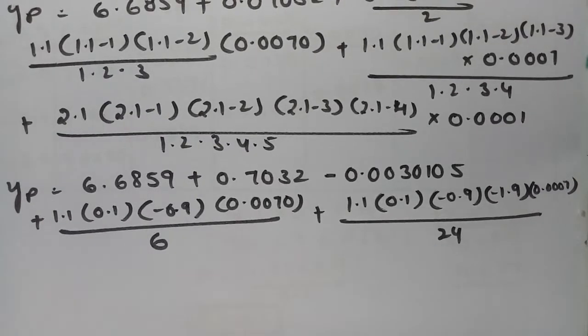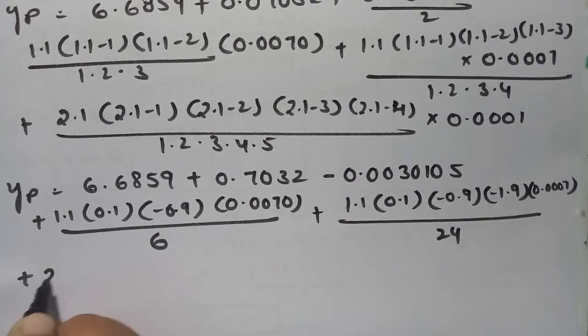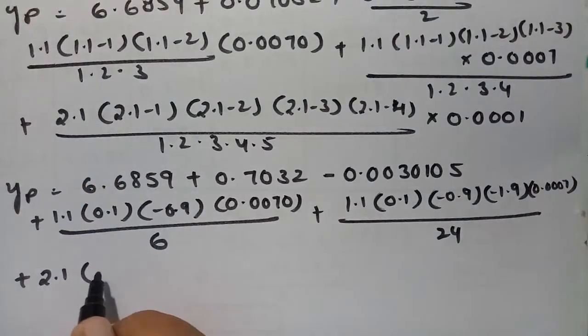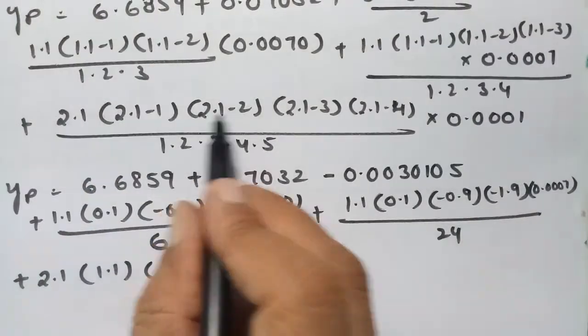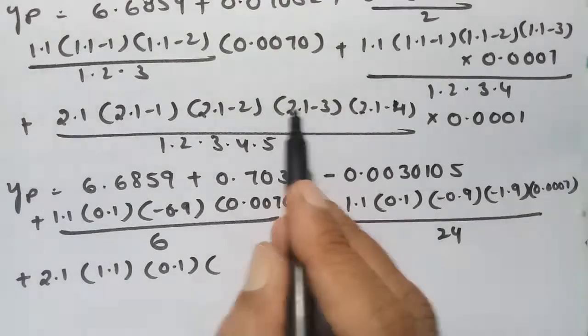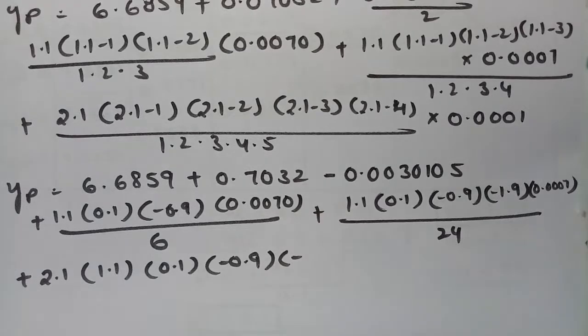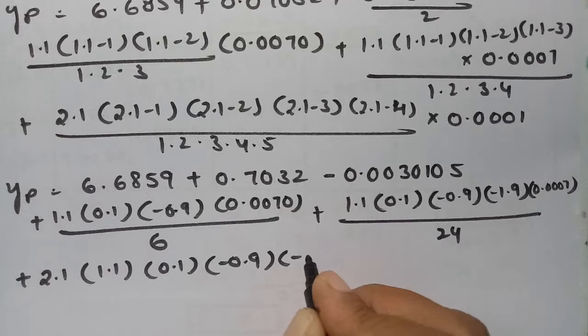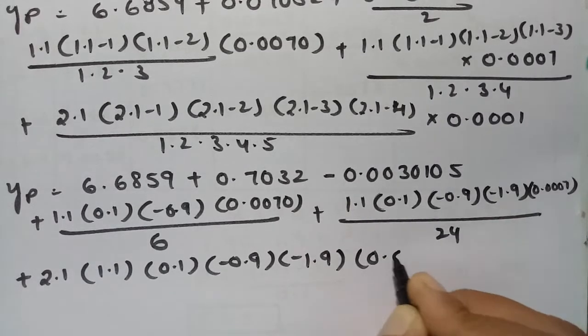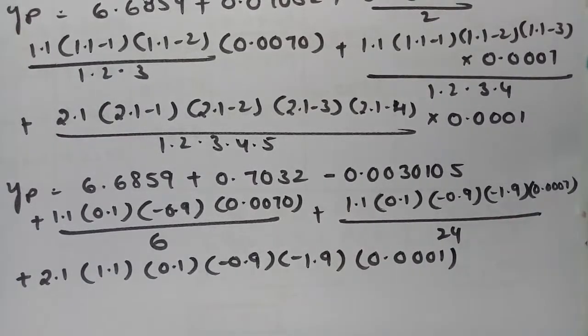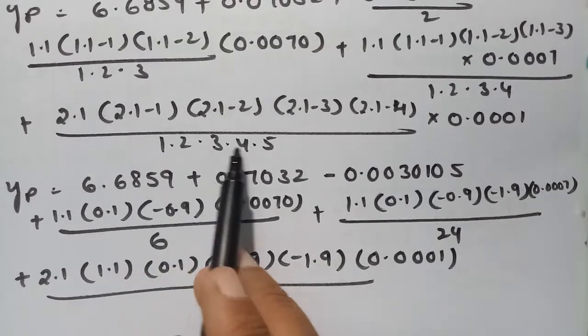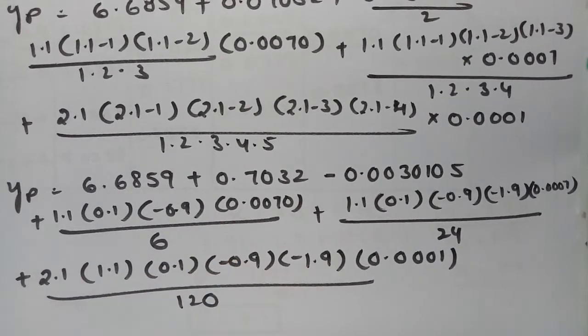And the next value, when you see here, this is 2.1, 2.1 minus 1, this is 1.1, this is 2, this is 0.1, so this value will be minus 0.9, this is minus 1. This is 2.1 minus 3 value is minus 0.9, this is 2.1 minus 4 is minus 1.9 into 0.0001 by 1 into 2 into 3 into 4 into 5, this value is 120.